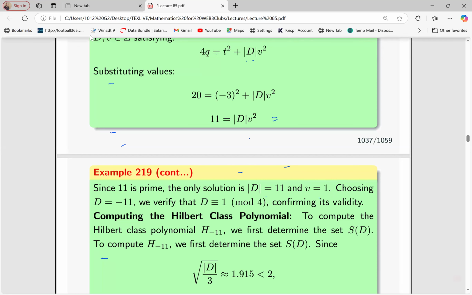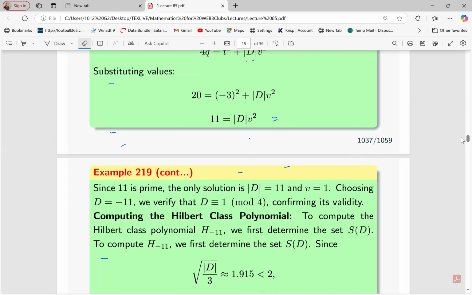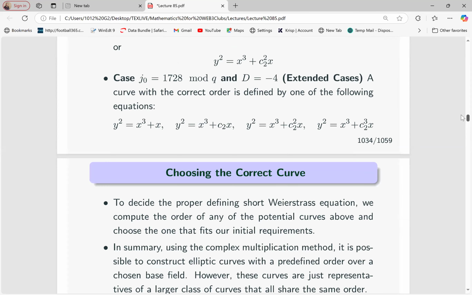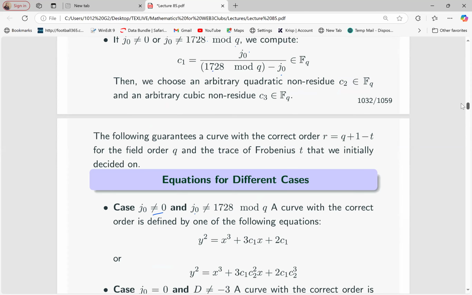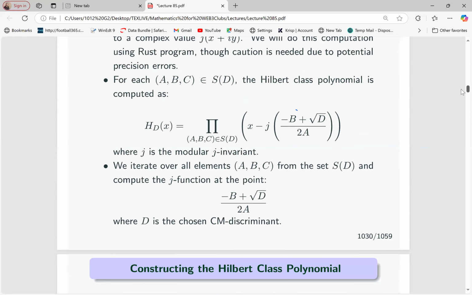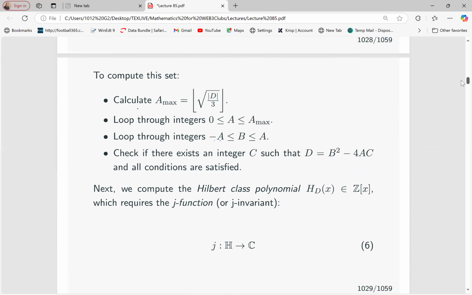Now, how do we calculate the Hilbert class polynomial? I take you back to the conditions for getting it.